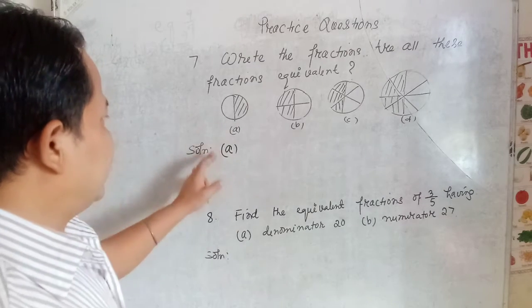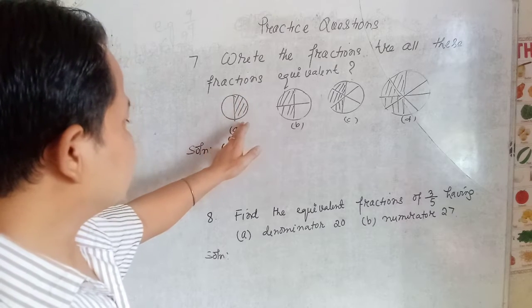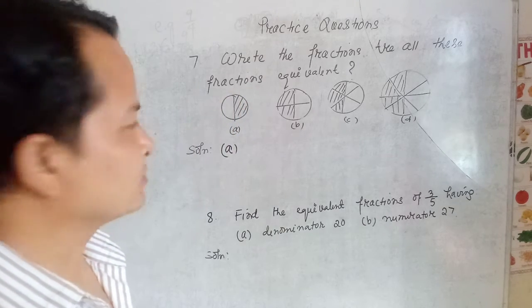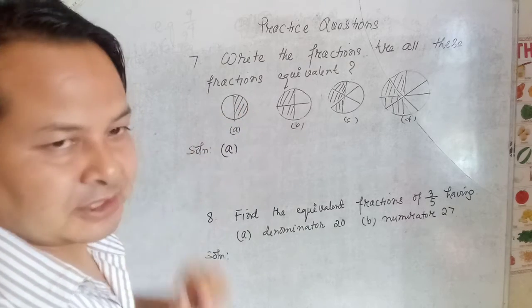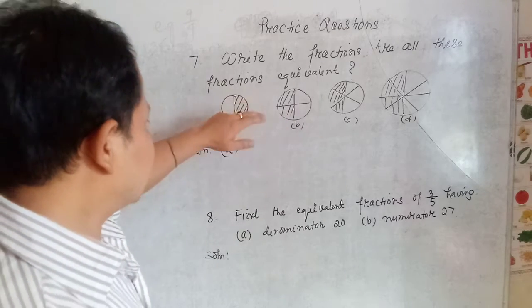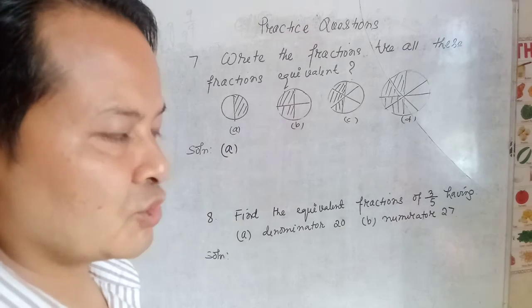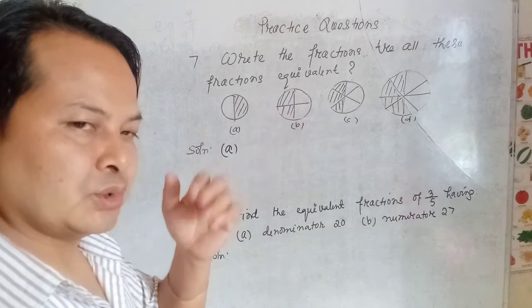In question number A, we have here one circle. In this circle we have got two halves. One half is shaded, completely shaded. Another half is unshaded. Since in this circle we have got two halves, the total part or whole part is 2.